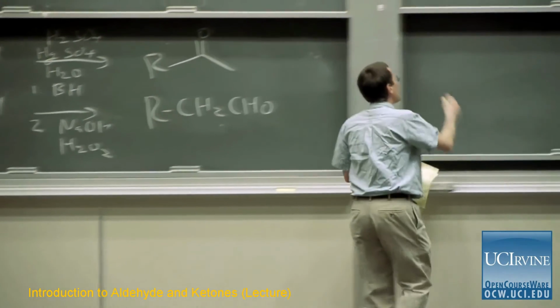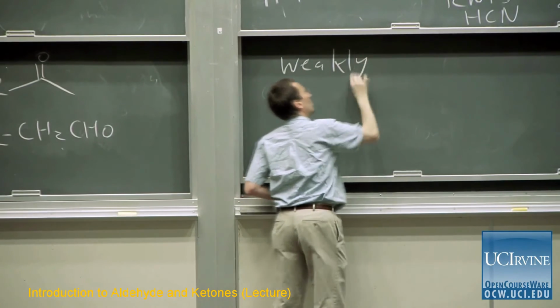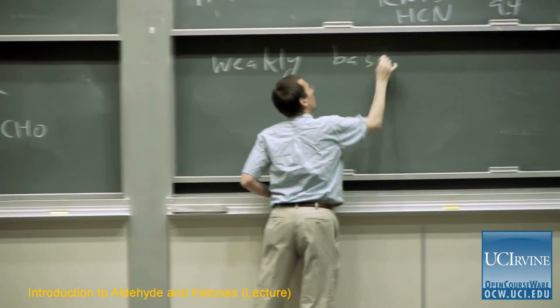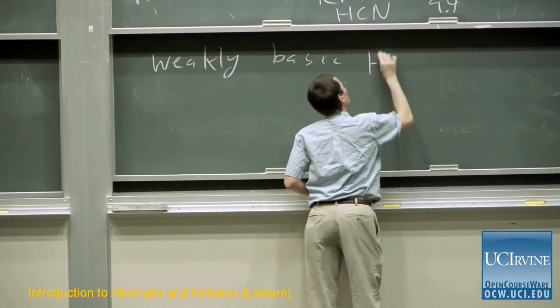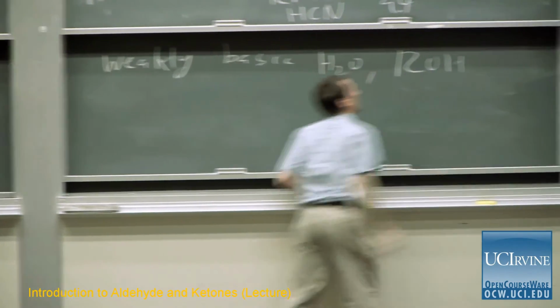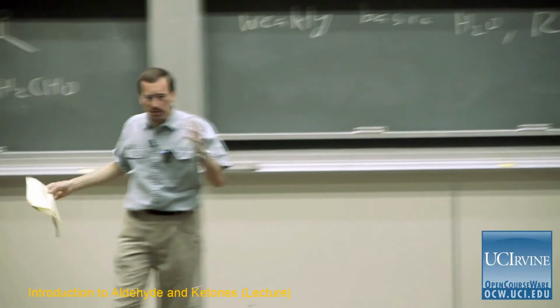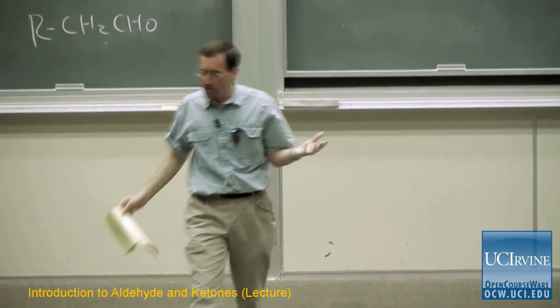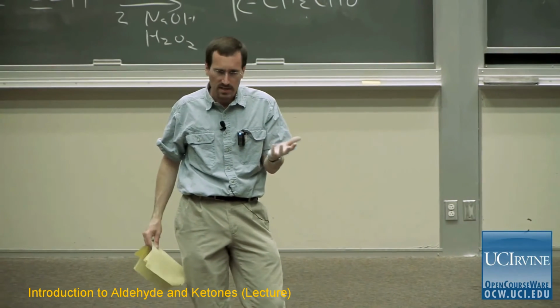Then, at the other end of the spectrum, we come to what I'll call weakly basic nucleophiles. By that point, we're talking about things like water and alcohols. It's very important to remember, water and alcohols are amphoteric compounds, so there's actually two pKa's to keep in mind.